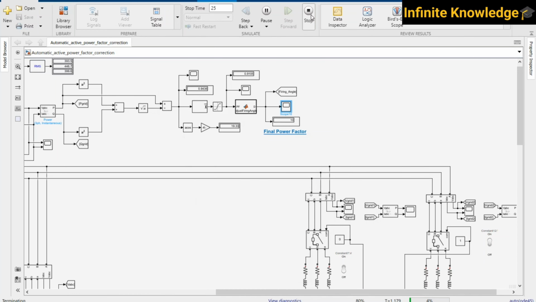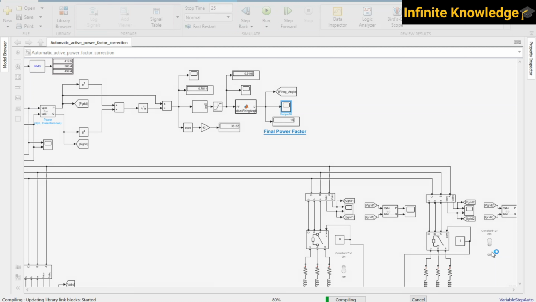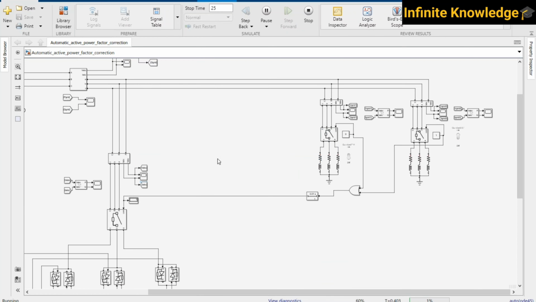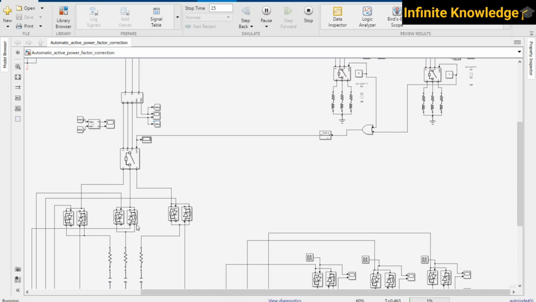So I stop the simulation and once again start the simulation for this load. As you can see, initially the 45 degrees is there, but the power factor is not maintained. As the power factor is not maintained, the angle is reduced. Angle reduced means more power is fed.